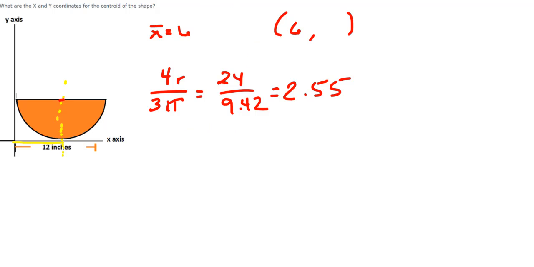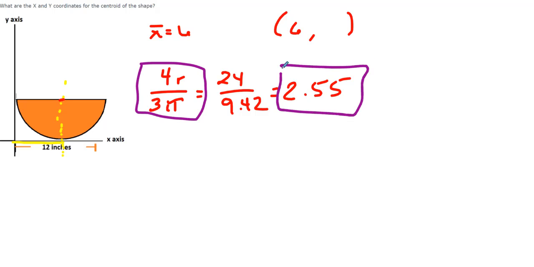But if you recall from the notes and from class and from the practice problems, I said that when you do this formula, this gives you an answer that has to be counted from the base of the semicircle toward the shape. So we need to go 2.55 in toward the shape.